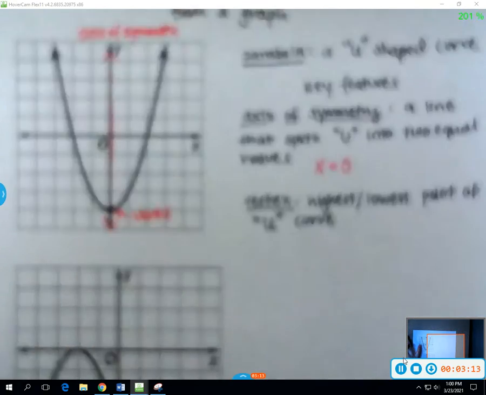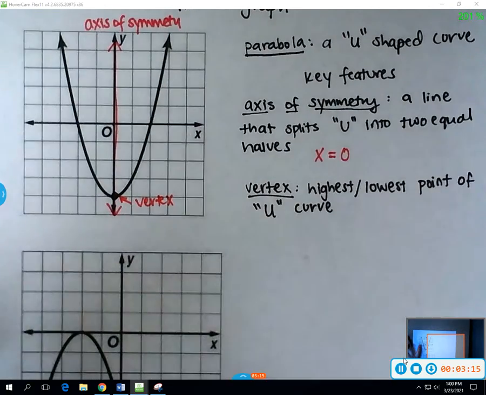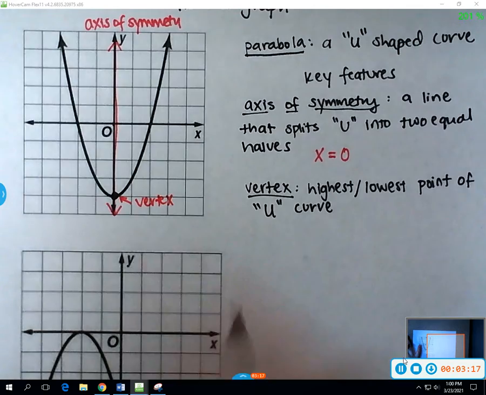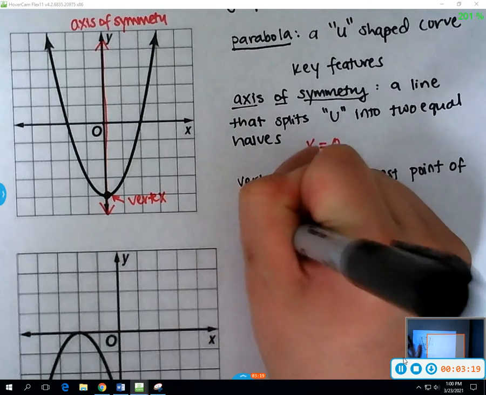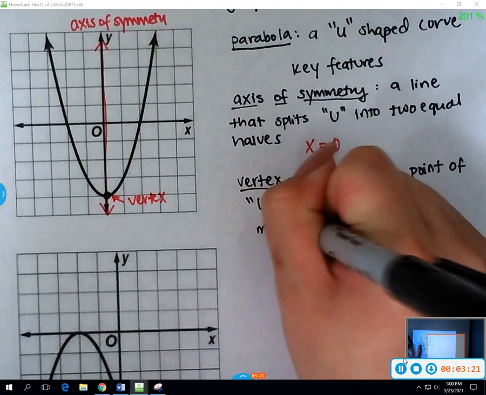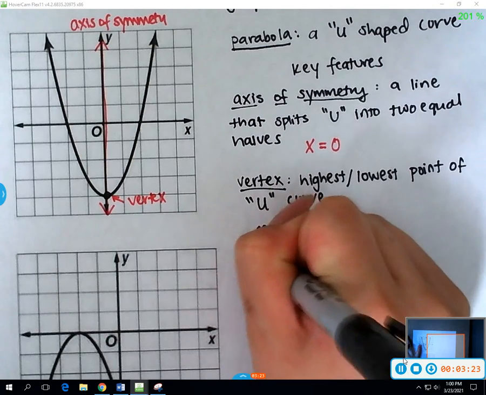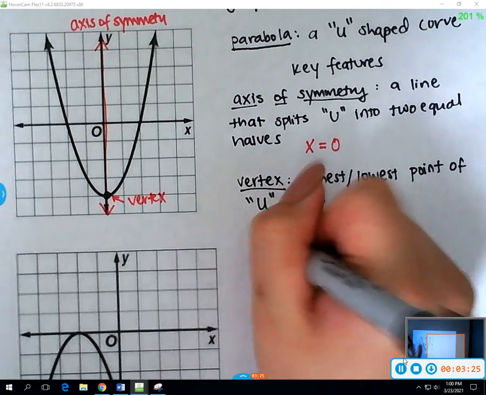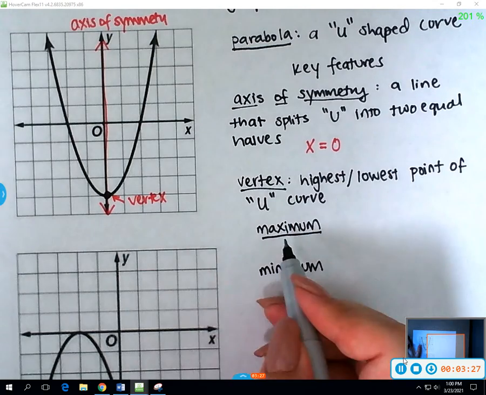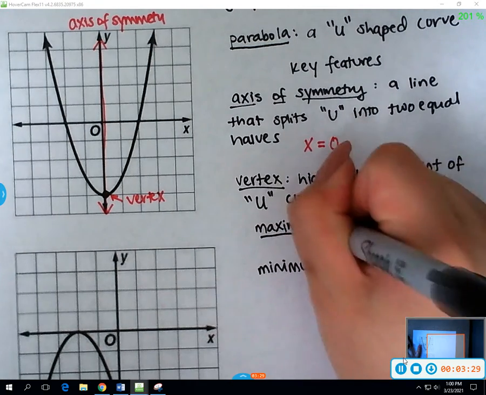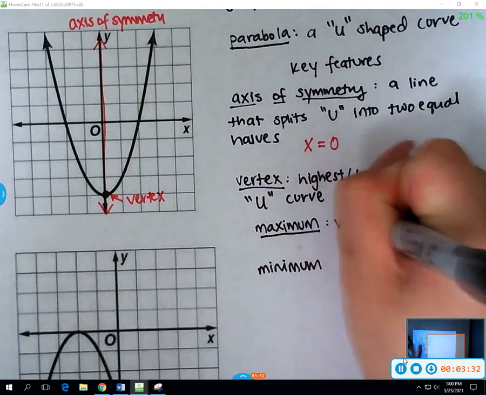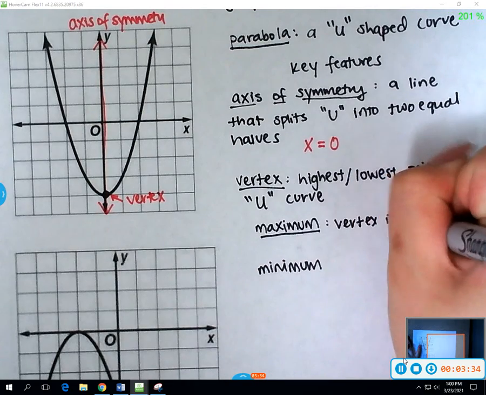And there's two ways that we can describe our vertex. The first is a maximum or a minimum. A maximum would mean that the vertex is the highest point of the graph.